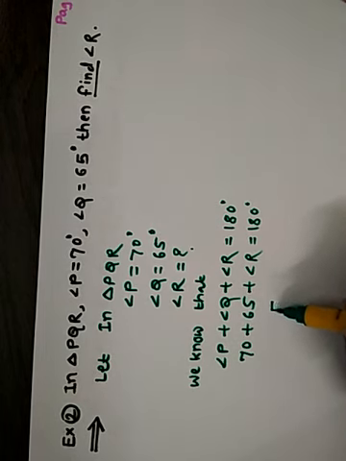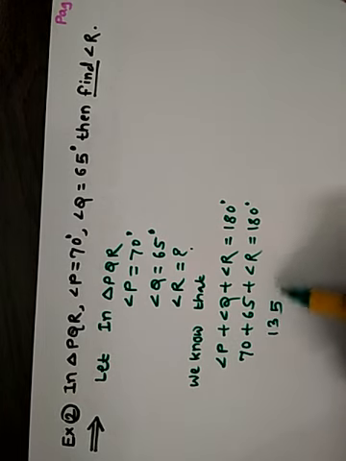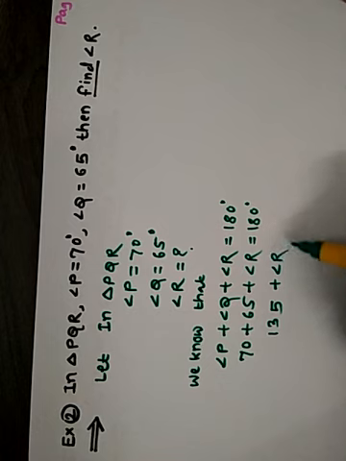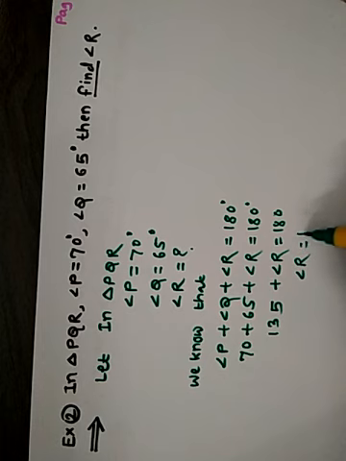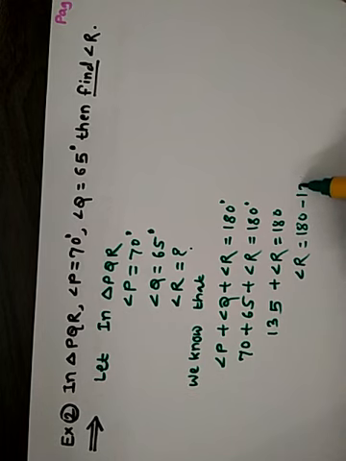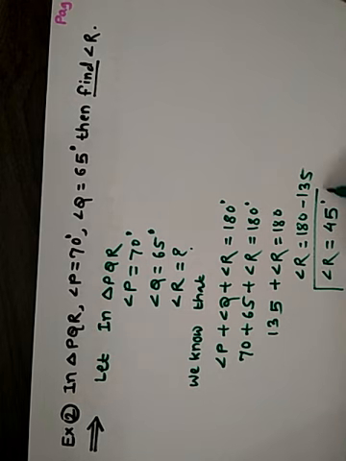By adding this, we get 135 plus R is equal to 180 degree. By subtracting, changing this side, 180 minus 135, we get 45, which means angle R is equal to 45 degree.